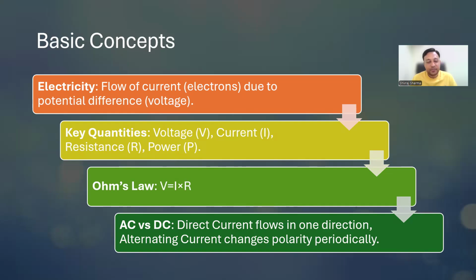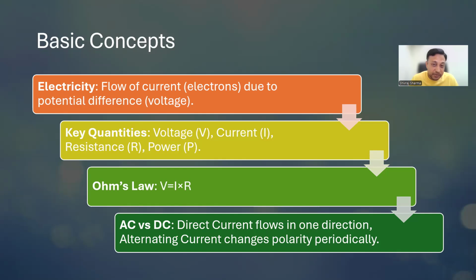So electricity, all of you know what electricity is. We have electricity in our home, in our workplace, everywhere. But what is it? Basically, it is a flow of current. Along with electronics, we have the electrons. You have all heard about it in your school, in your college, in your studies.